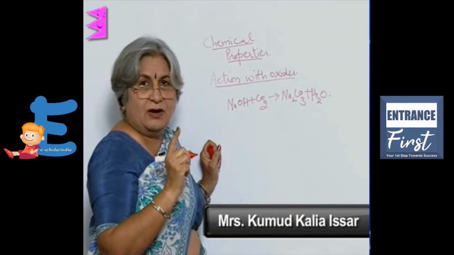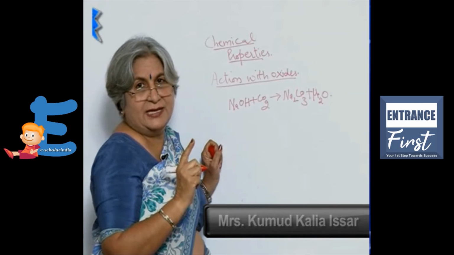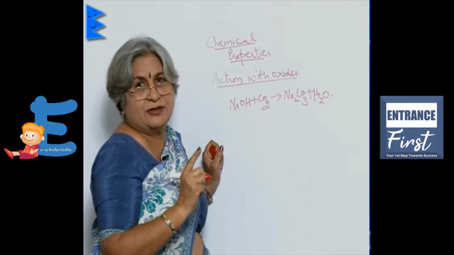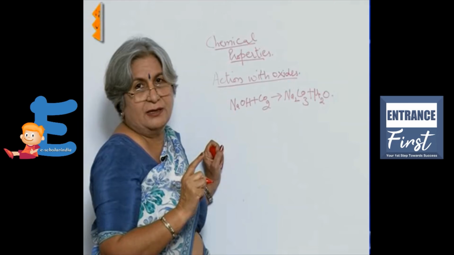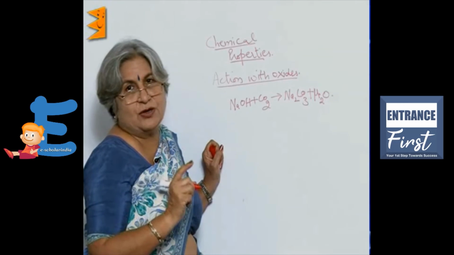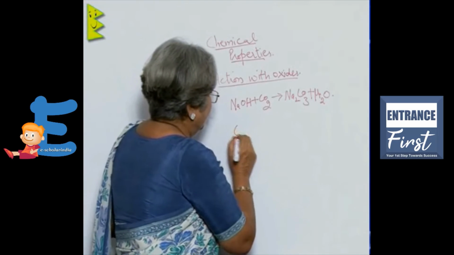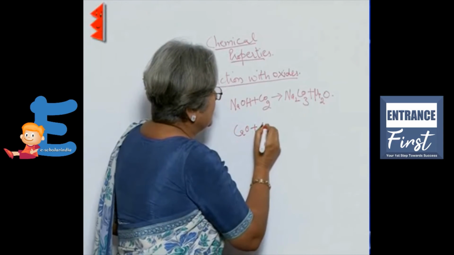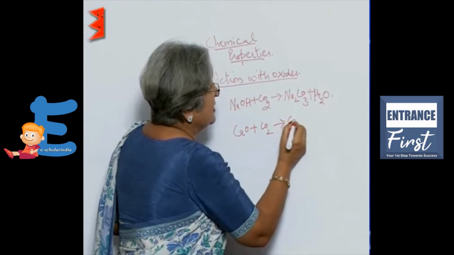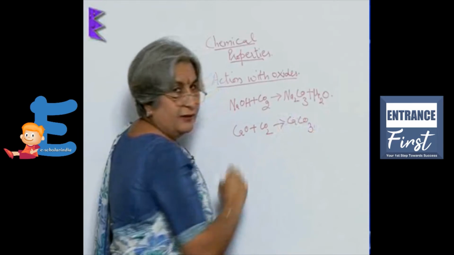Even the metal and non-metal oxides, that is basic and acidic oxides, combine with each other, but in that case only salt is produced, no water is produced. Like this, CaO plus CO2 gives us CaCO3, a salt.